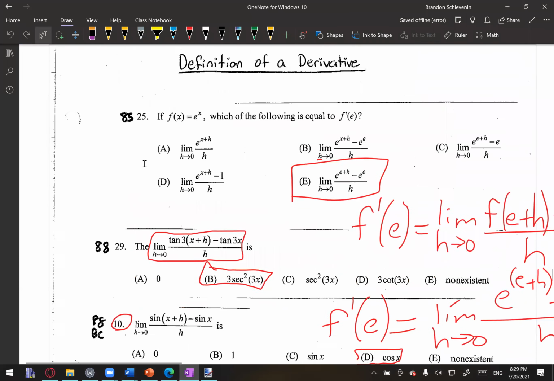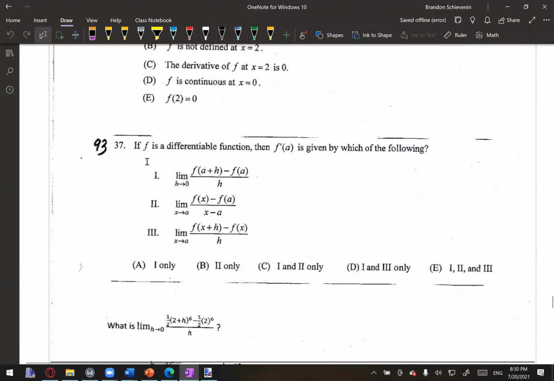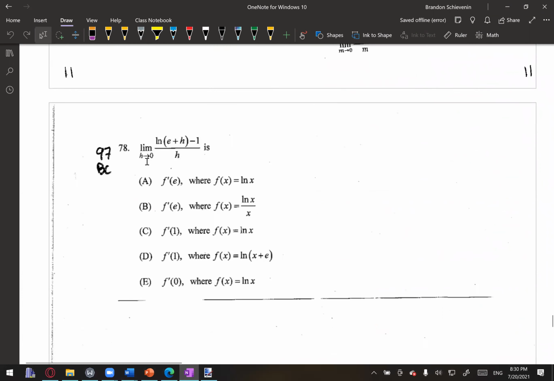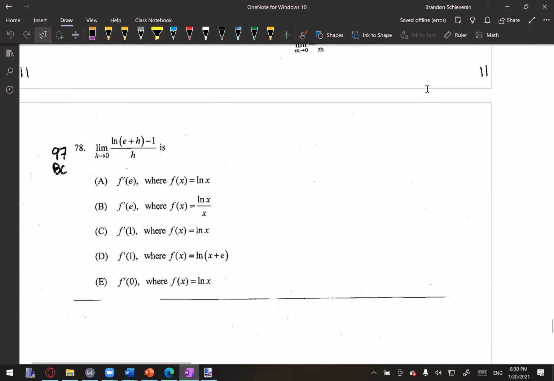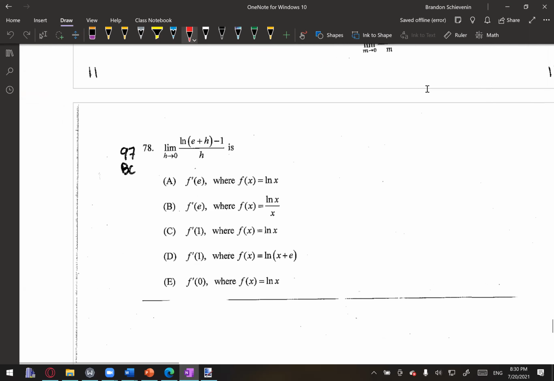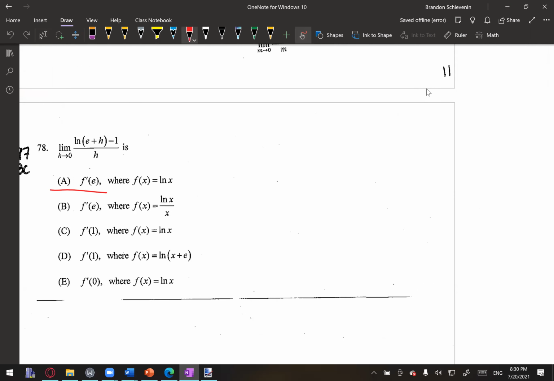The last one. f of x is natural log x, and the question is f prime of e. Okay, that's correct. So it's A. Yes. Okay, thank you. No problem.